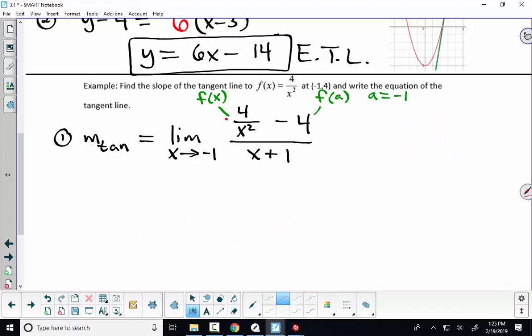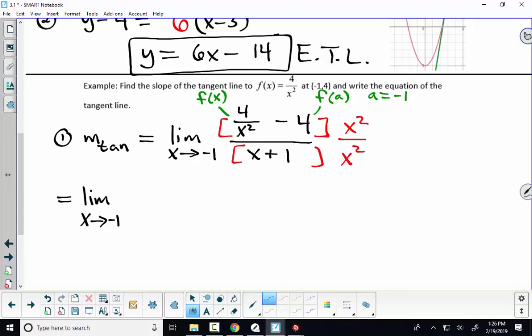The easiest thing to do is just multiply the top and the bottom by the lowest common denominator in the numerator, because the numerator is the thing that we're trying to get rid of, the smaller fraction. Also, remember on these, the thing you're trying to get rid of is the x plus 1 in the denominator.